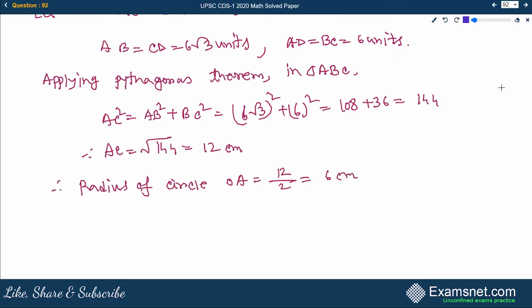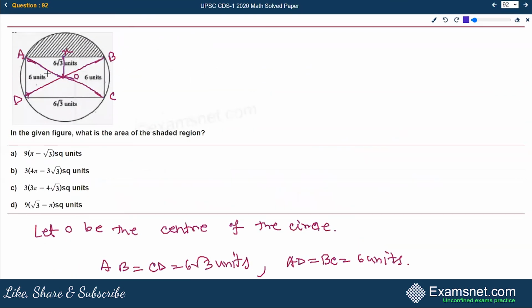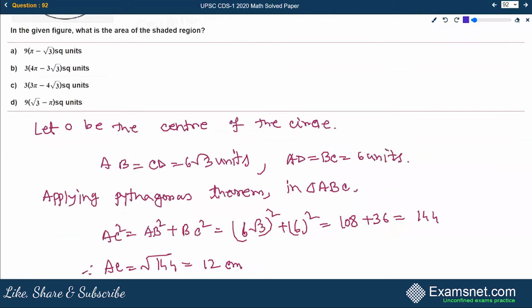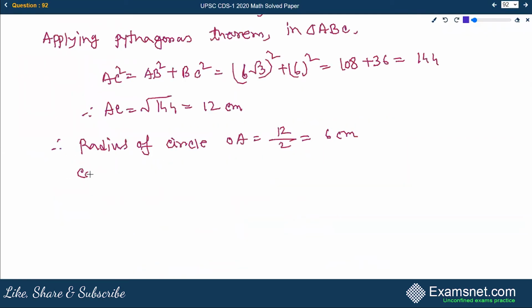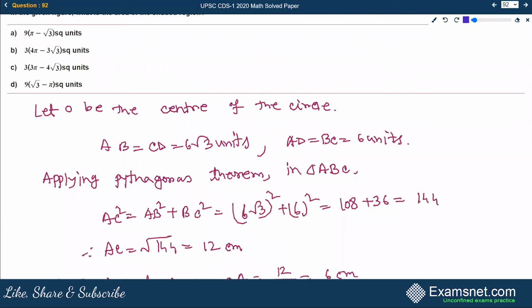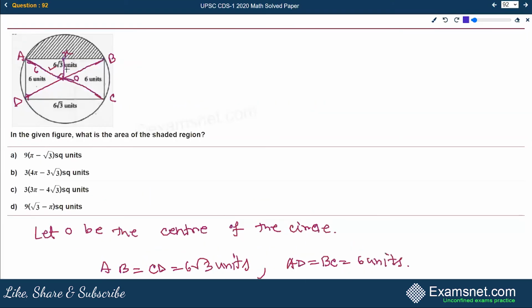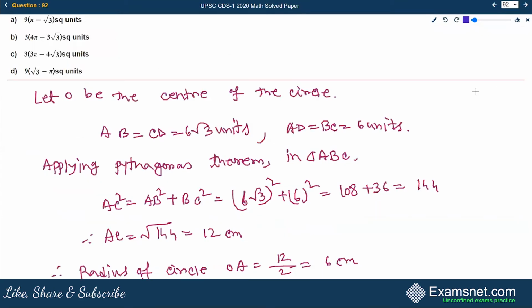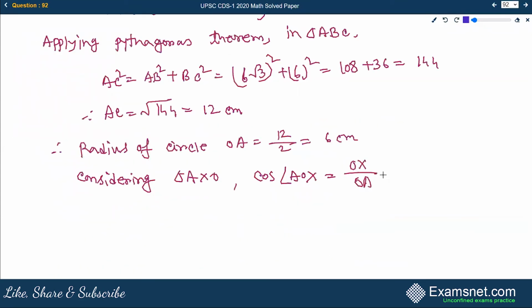So 6 centimeter. So this is also 6 centimeters. Okay, now considering triangle AXO, we can write here cos angle AOX equals, if we are considering this angle, that means OX is the base, OX by OA.